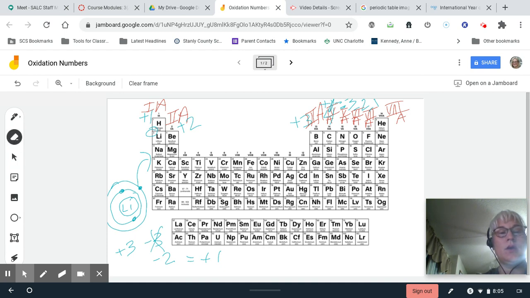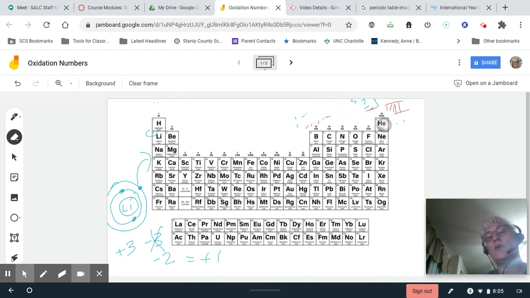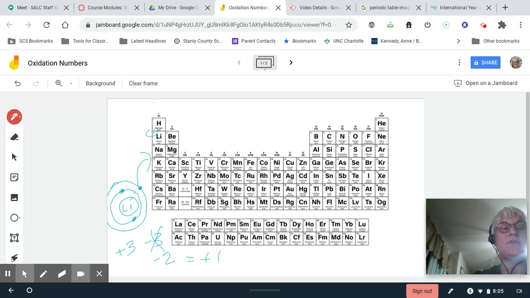So again, on your periodic table, let me erase this, for your charges. This is going to become very handy and important for what we're going to do next, when we look specifically at how elements make compounds.